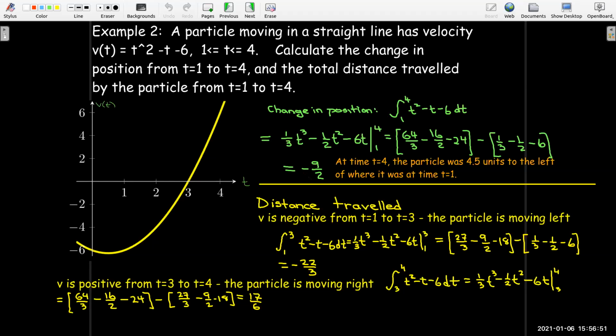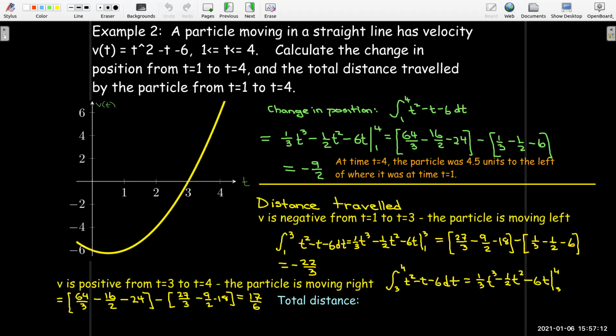So the path of the particle, the journey of the particle, was to start at some position, move to the left, negative 22 over 3 units, stop, then move to the right, 17 over 6 units.